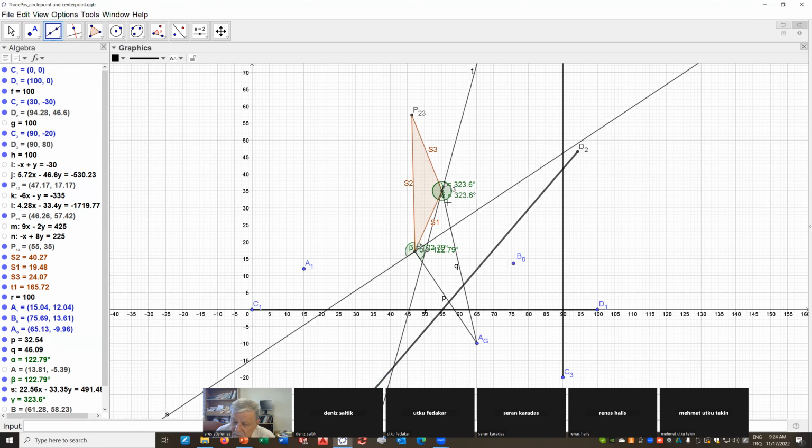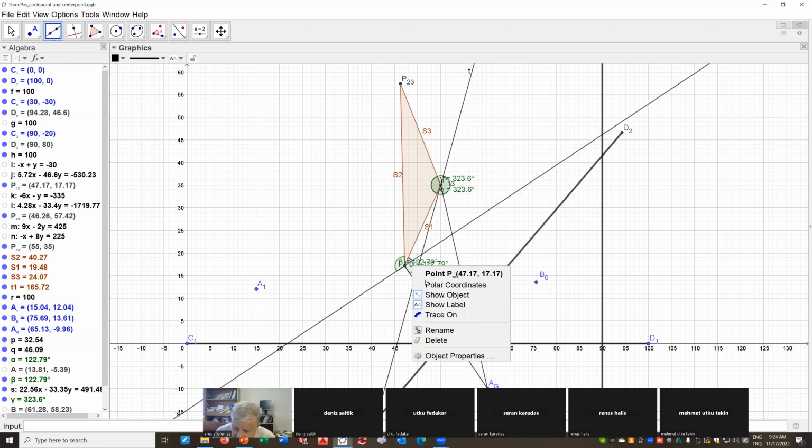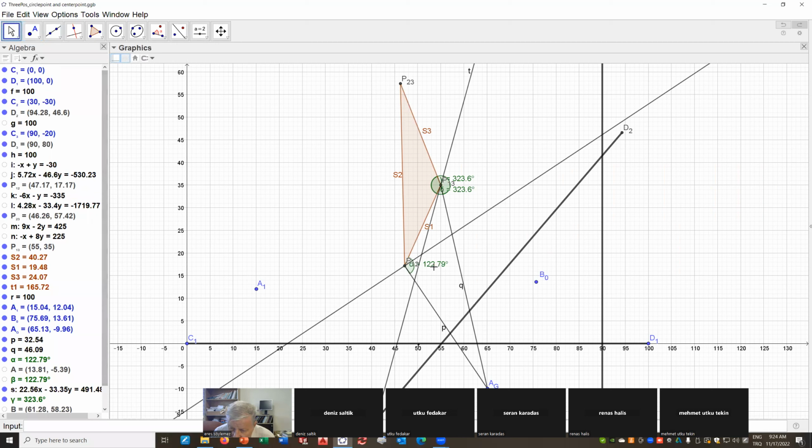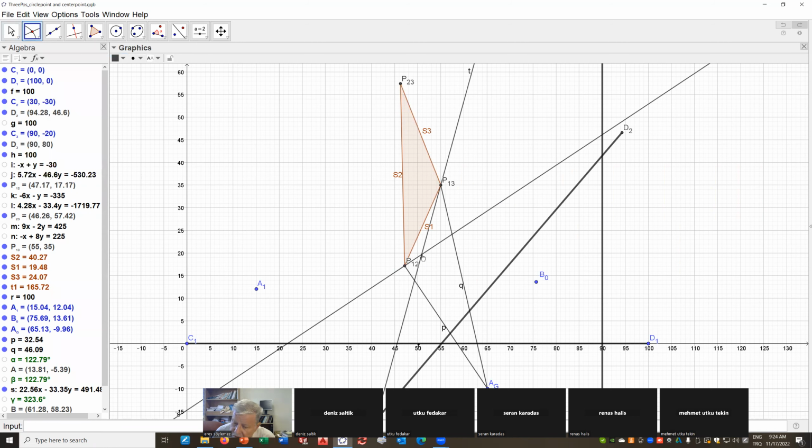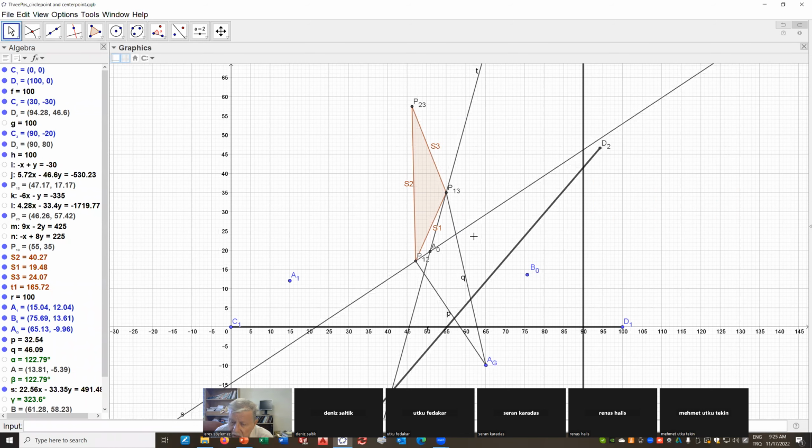I'll hide these angles, because otherwise the figure gets more and more complicated to view. The point of intersection of these two lines is going to give me A0.